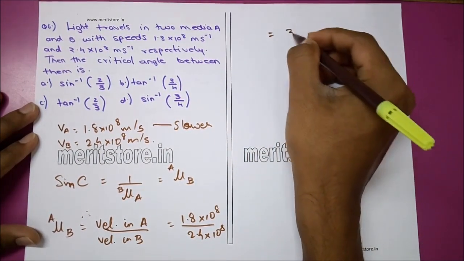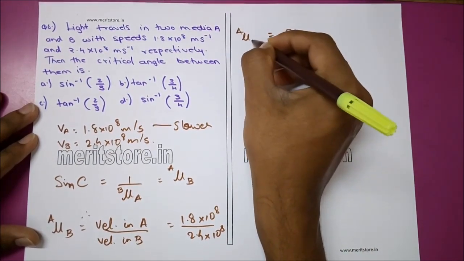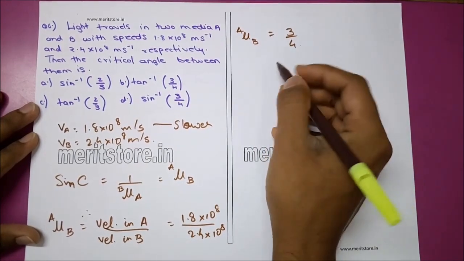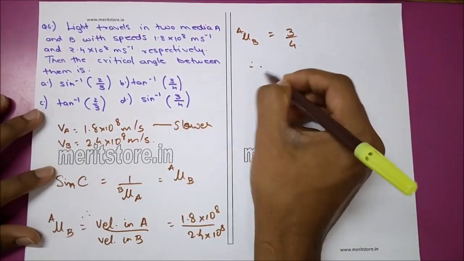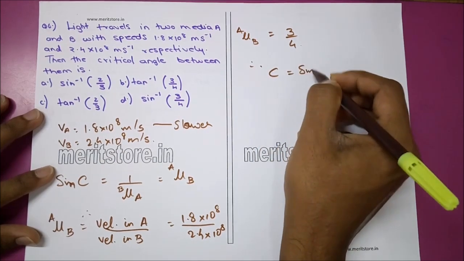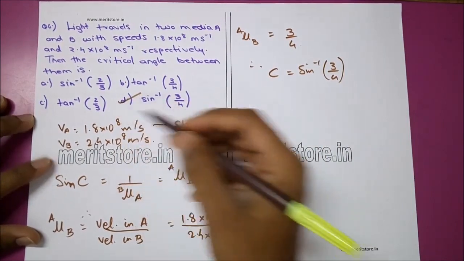So this comes out as 3 by 4. So mu of B with respect to A is 3 by 4. So therefore C is equal to sine inverse of 3 by 4. Hence option D is the correct answer.